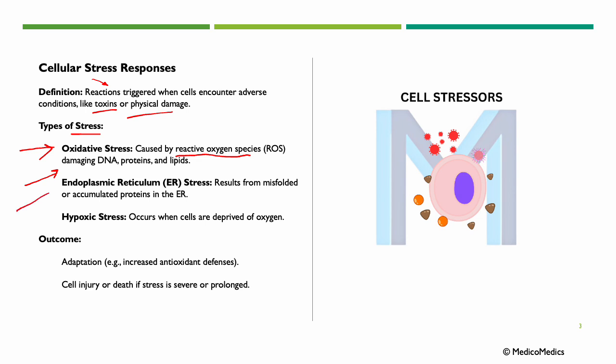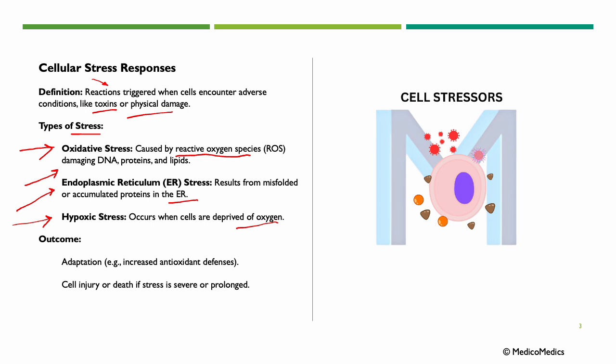We have endoplasmic reticulum stress, resulting from misfolded or accumulated proteins in the endoplasmic reticulum. We have hypoxic stress, which occurs when cells are deprived of oxygen.